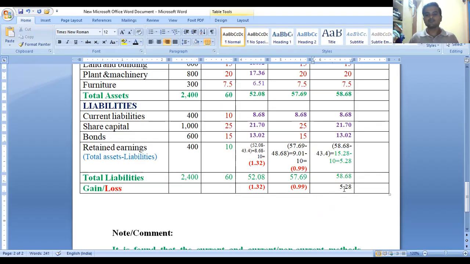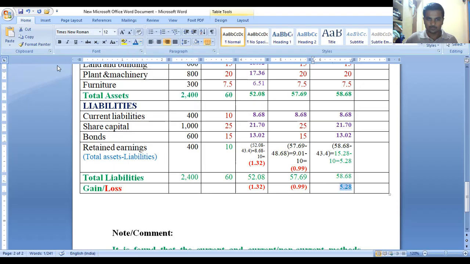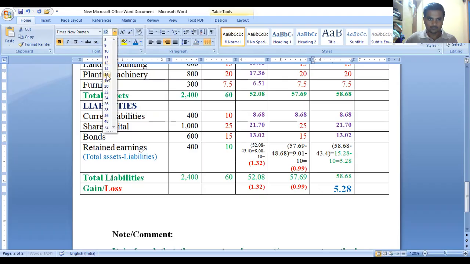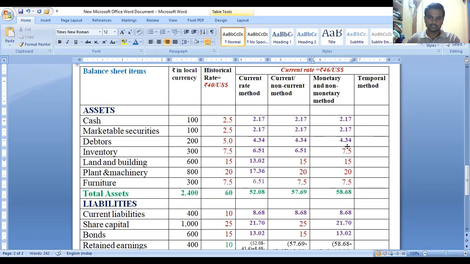Yes, by using the monetary and non-monetary methods, there is a profit. So this is the 5.28. There is a profit by using the monetary non-monetary method.